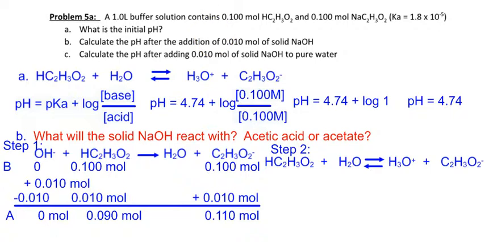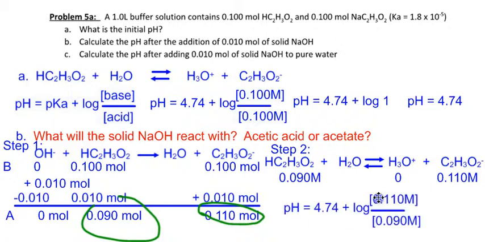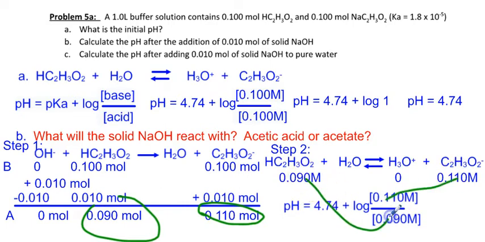Now using these numbers here and here, and remember we're in a 1 liter solution again. That's where my molarity comes in. And now we can use my favorite Henderson-Hasselbalch equation. And notice I used the same pKa as before, but what happened here? I don't have the same amounts anymore, do I? So my base over my acid.